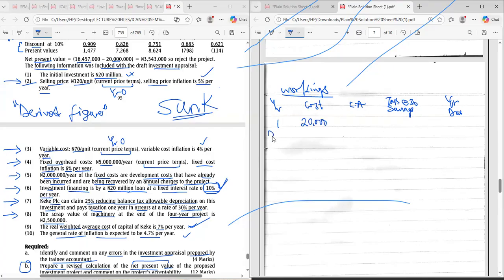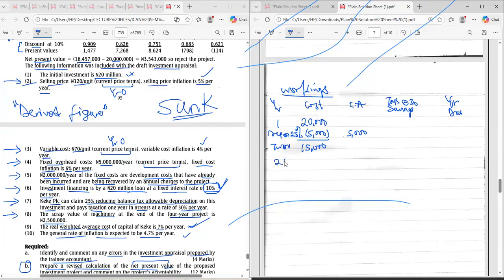Then our depreciation at how many percent? 25. 25% of 20,000 is what? And 25% of 20 million is what? 5 million. That goes how much? 15,000. So take this 5,000 here. Okay, this is your tax written down value, I mean.